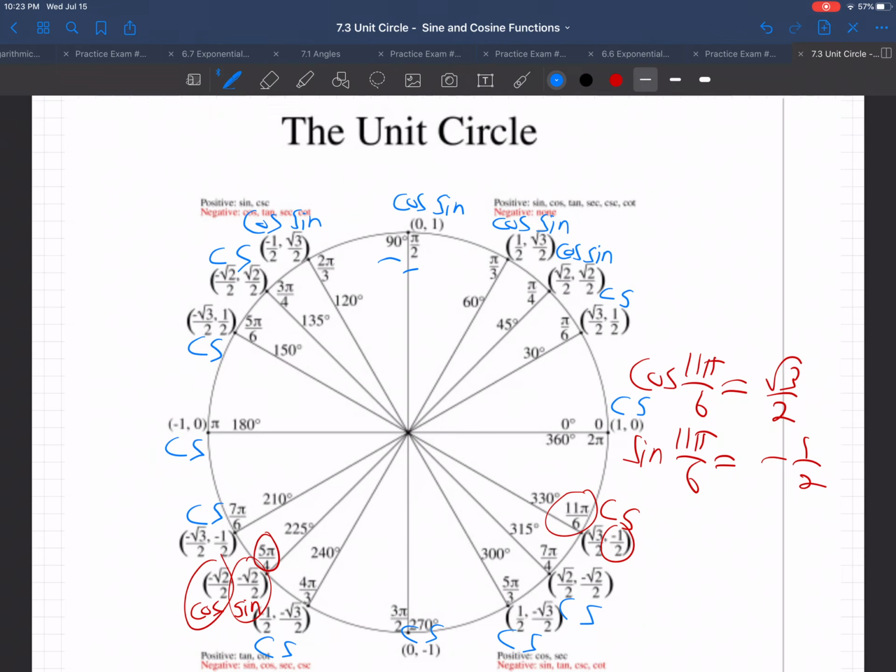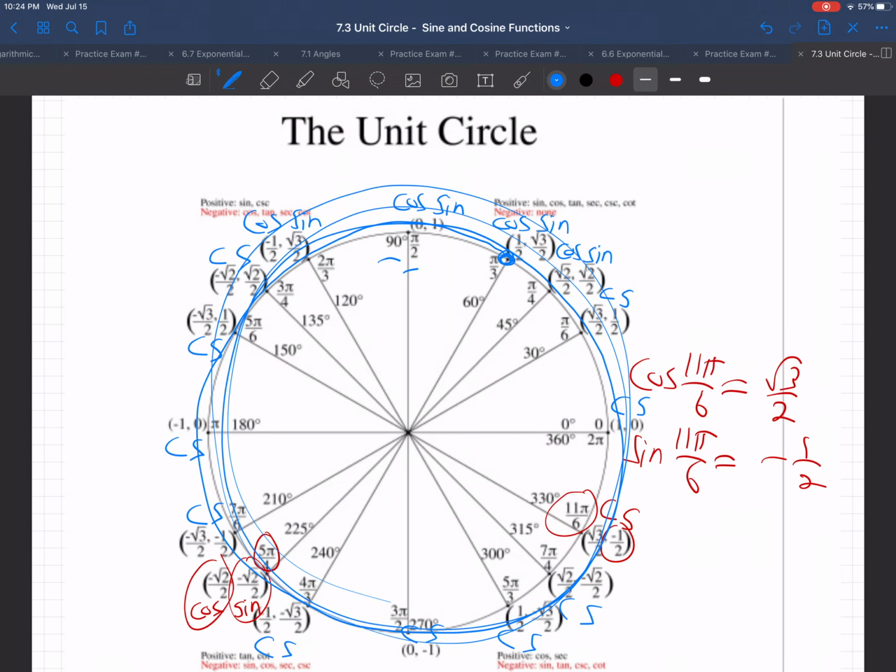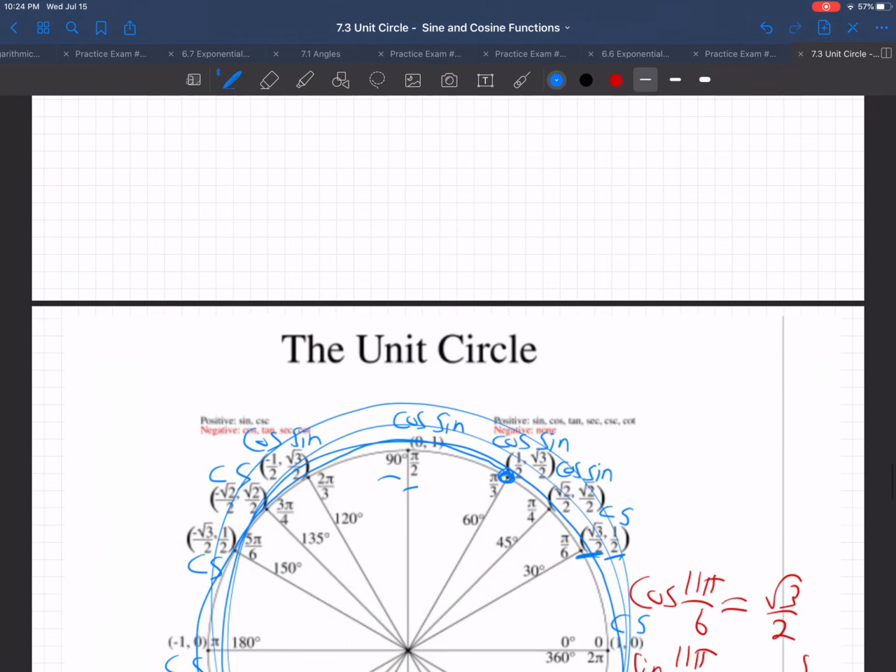All kinds of things in the real world are cyclical, so sine and cosine were made up with a little dot traveling around the outside of a unit circle, rising and falling, rising and falling. And the x-coordinate is the cosine, the y is the sine. It does a cycle, and we use it. We made it up so we could use it to represent things in the real world that are cyclical, periodic.